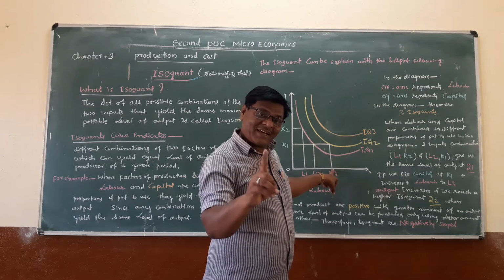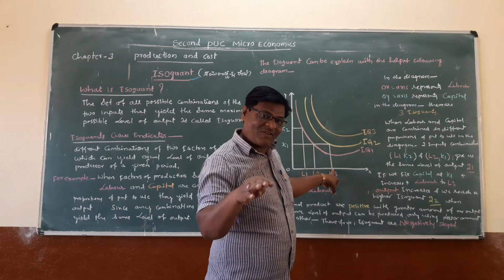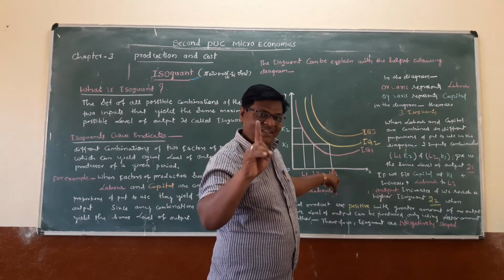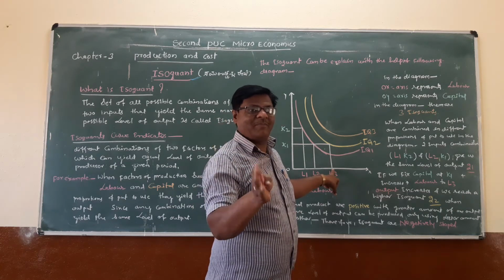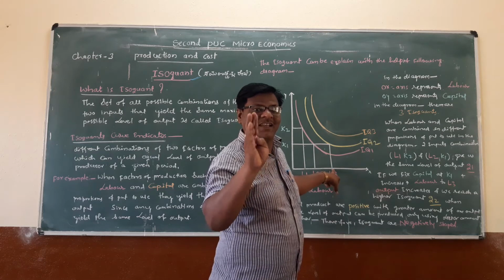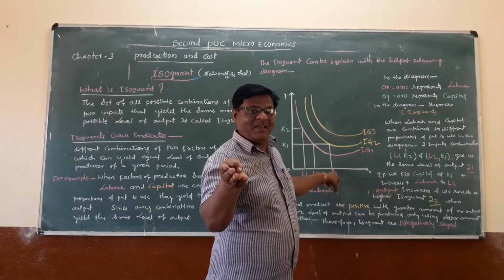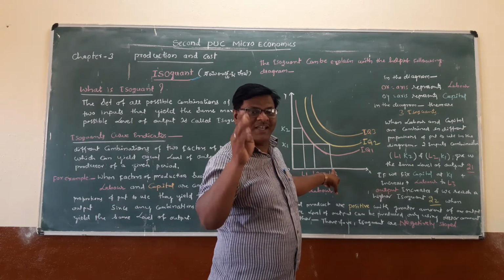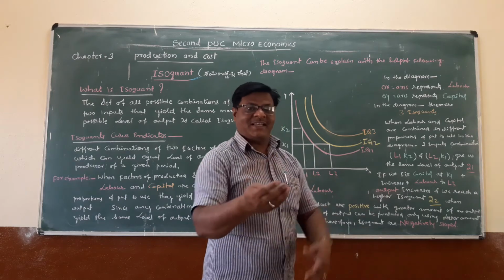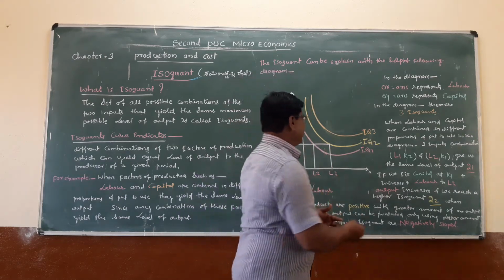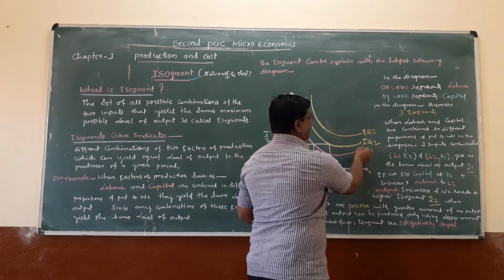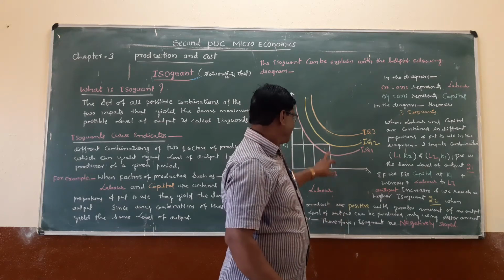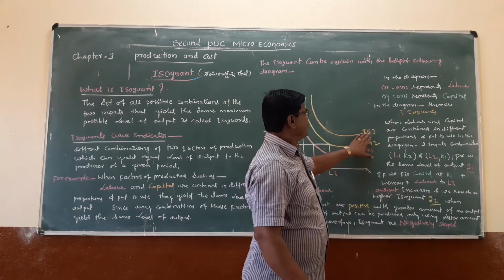Keeping the capital fixed and increasing the labor, using a lesser amount of one factor and more of the other, we reach the higher isoquant curve IQ2, which gives the same maximum output at a higher level.